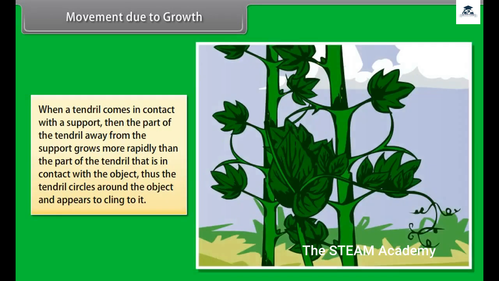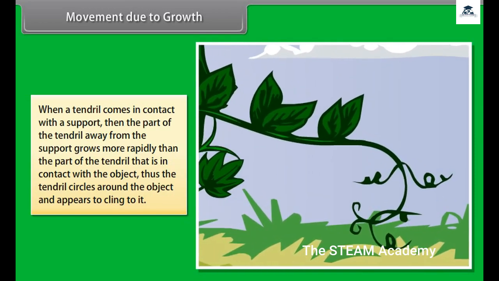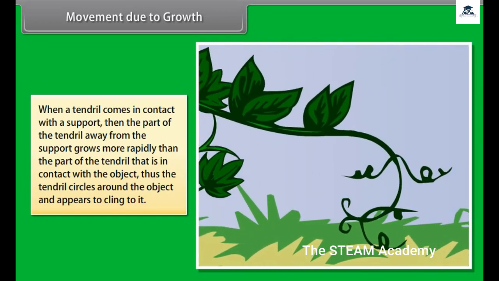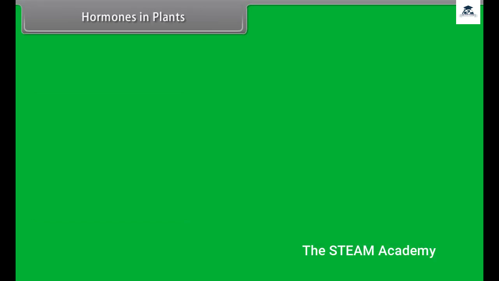Movement due to growth. When a tendril comes in contact with the support, then the part of the tendril away from the support grows more rapidly than the part of the tendril that is in contact with the object. Thus, the tendril circles around the object and appears to cling to it. Hormones in plants.